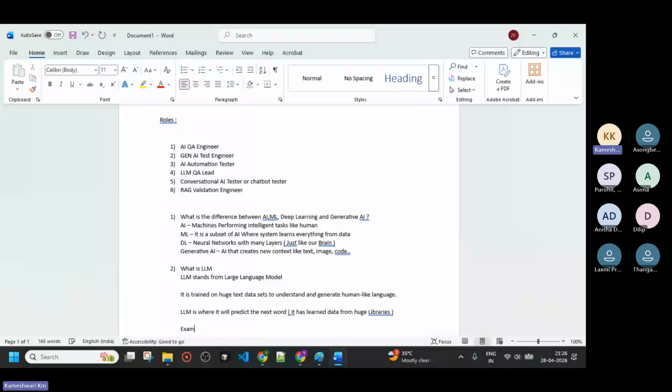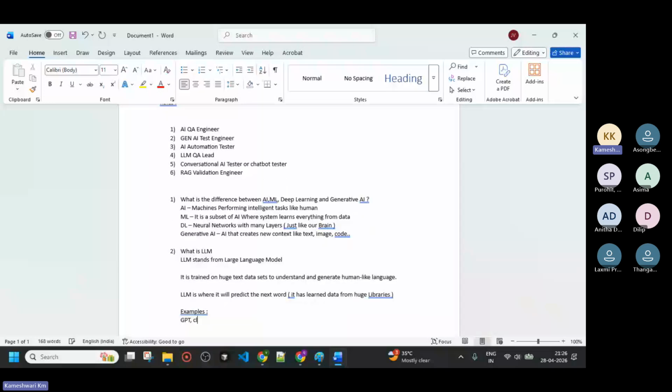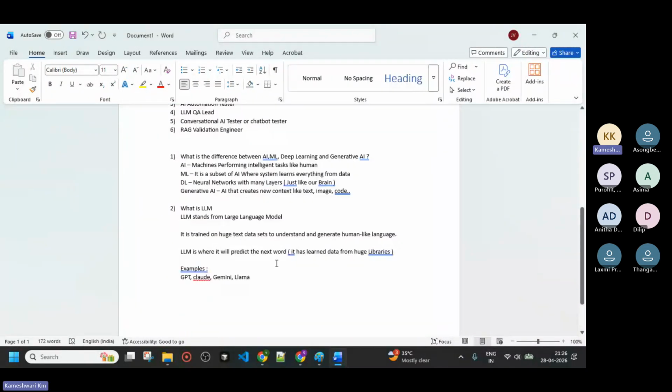So if someone asks what the LLMs are, you can say LLMs are GPT, Claude, Gemini, Llama. Llama is open source. Okay, these are LLMs. Mostly they are used for chatbots, summarization, translation, code generation.